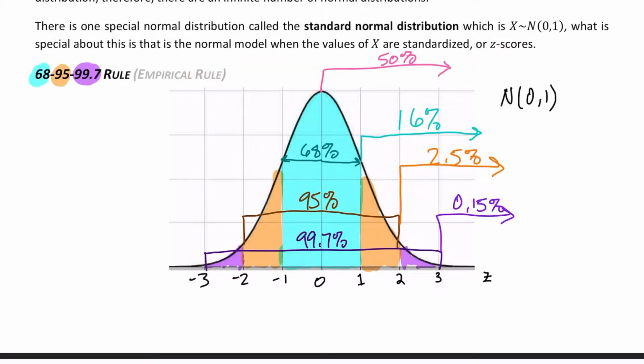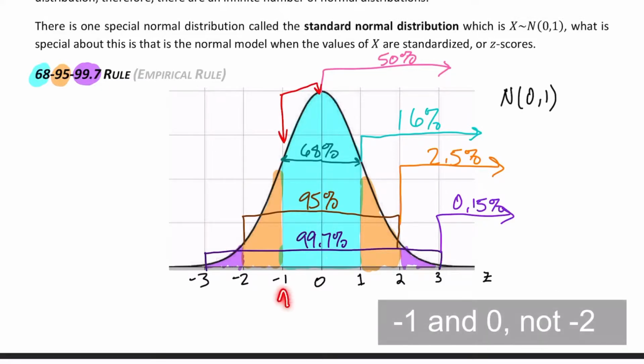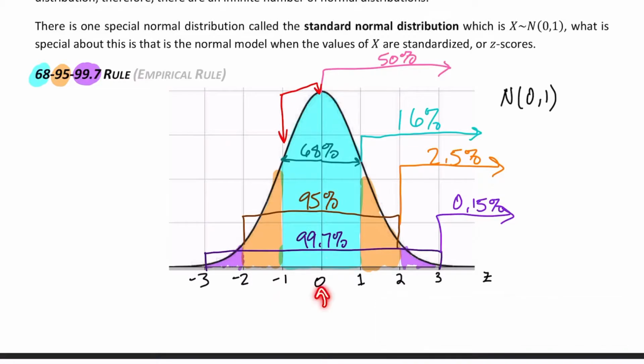All right, I said I was going to put some numbers over here on this side, so let's look at those. Let's find the area between a z-score of -1 and 0. Now, because of symmetry, this is the same thing as finding the area under the curve from 0 to 1. There are a few ways to figure this one out.